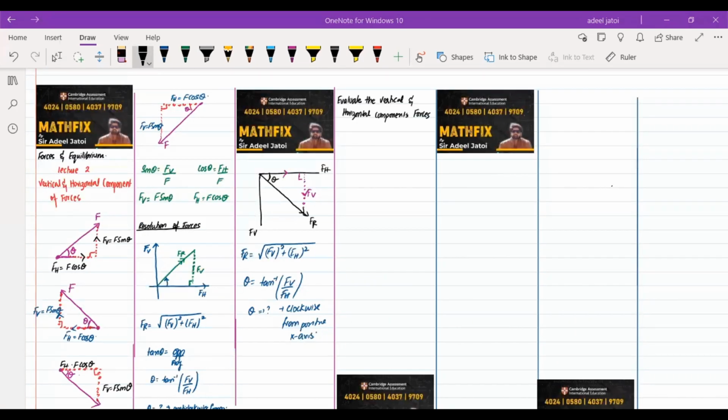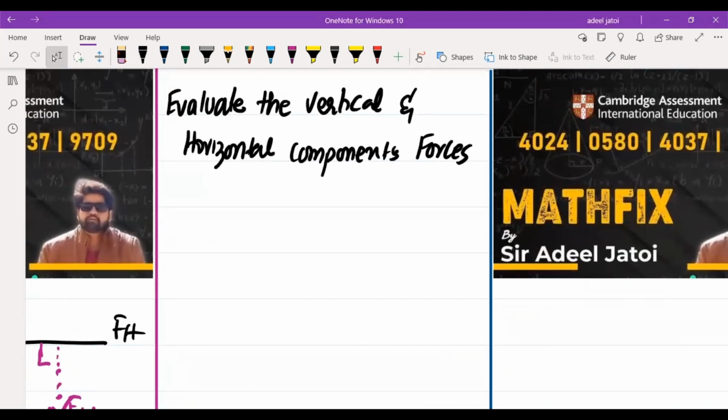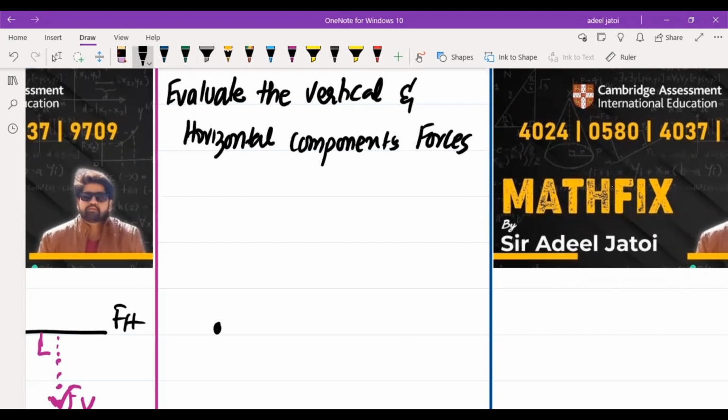Okay, so now let's learn how to evaluate the vertical and the horizontal force, which you have already covered in the trigonometry topic of calculating sine and cos trigonometric ratios. But let's work upon it here. Let's say we have a force acting towards east north, which is F, 100 Newton, and the angle that we have is 40, right?